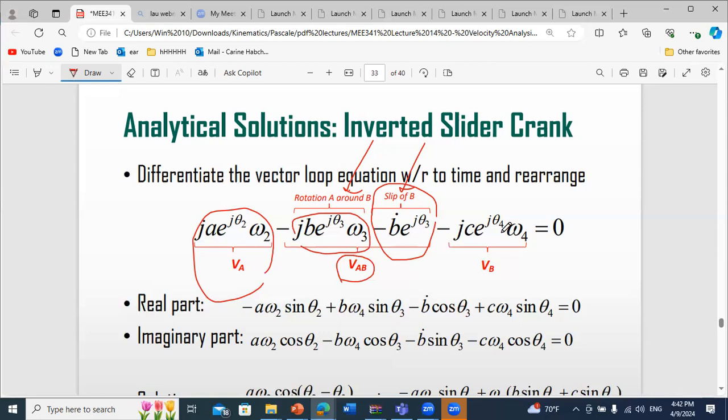And this term is VB, okay? So in total, when you add the 3 terms, you will get this is equal to 0, okay?